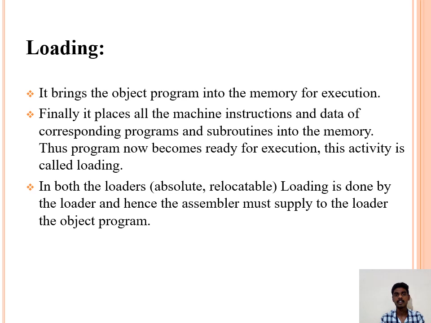Before that, in allocation and relocation, the programmer and the loader were handling things differently for the two loaders, whereas in loading, for both loaders, the assembler must take care of the object program.